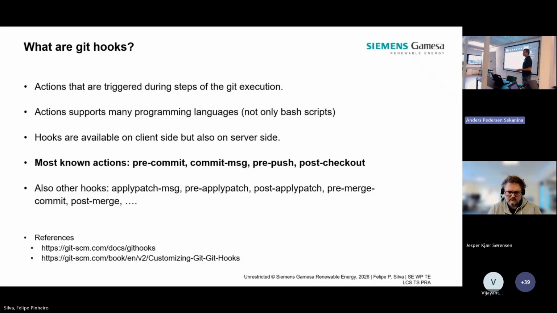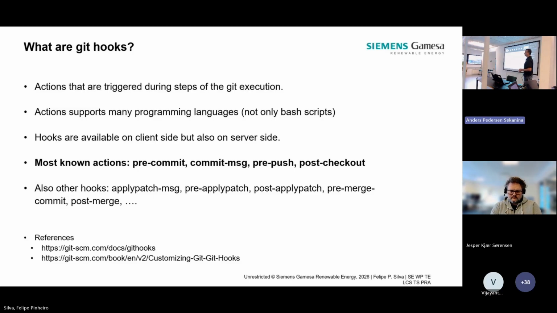Then there is the commit message hook. This one is for checking your commit message. If you want to be compliant with something, and you want the commit message to look exactly like some pattern always, then you use the commit message hook. Pre-push, as the name says, runs something before you push to the server.